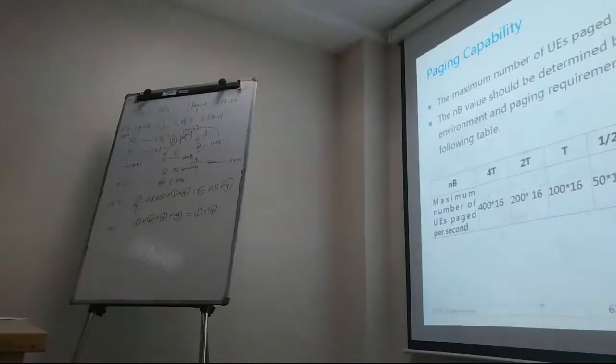It will be according to this, because different UEs may use the same paging occurrence. Because for one paging you can allocate 16, yes, 16. So if the eNodeB side received several pagings from the MME, it will combine them for the same PO, combine them and deliver them to the UE.